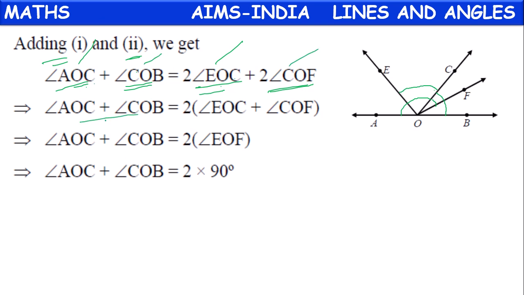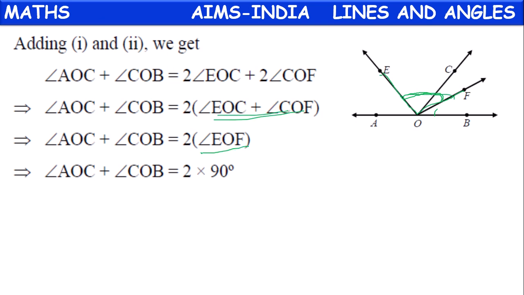So these two big angles equal 2 times (EOC plus COF). EOC plus COF is equal to EOF, the total angle. So instead of this, we can write EOF.